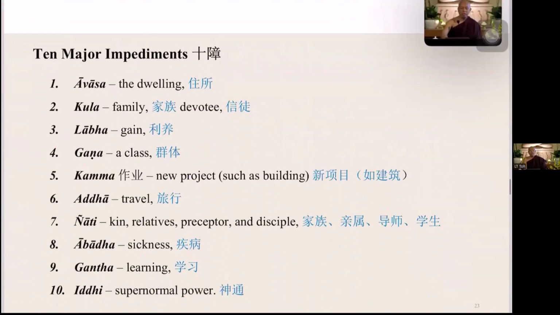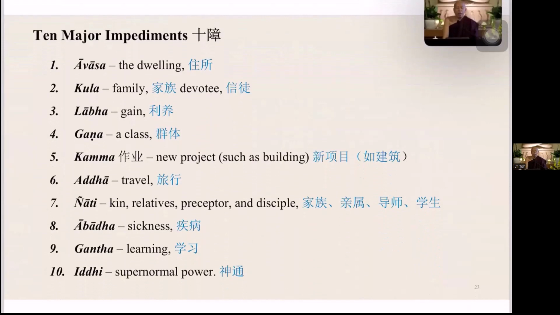So here we have 10 major impediments. The first one is avasa, the dwelling, the living place. So our living place is also one of the problems. For example, I will say a very simple thing. If your house is totally new, you will be very busy.